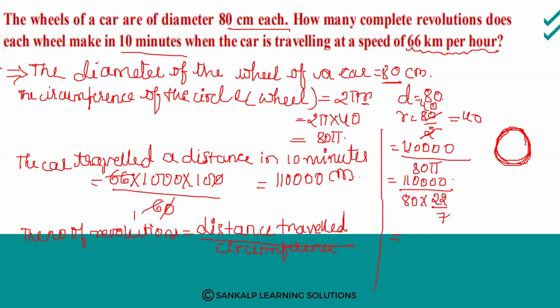Now transfer the 7 to this side, that is 110000 into 7 divided by 80 into 22 you will get. The zeros will get cancelled. If you do the calculation, 11000 into 7 divided by 8 into 22.